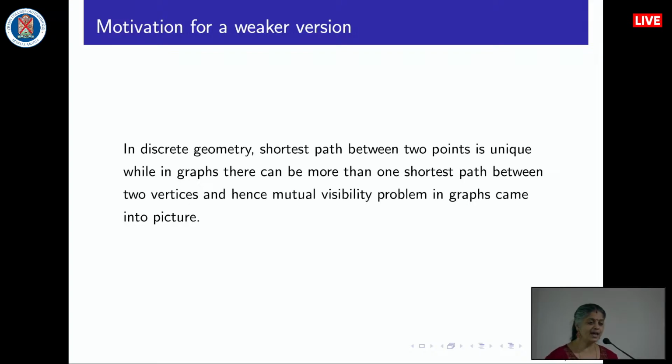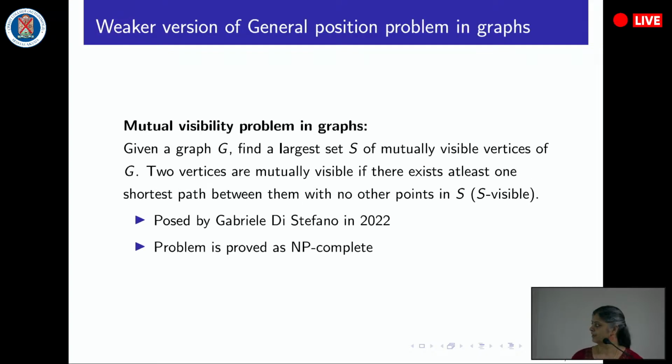If every pair of vertices is S-visible, then that set is called a mutual visibility set. So this extension was suggested by Gabriele Di Stefano in 2022. Still, the problem is NP-complete. We have reduced the hardness. In terms of definition, we have reduced the conditions, but still, the problem is NP-complete.